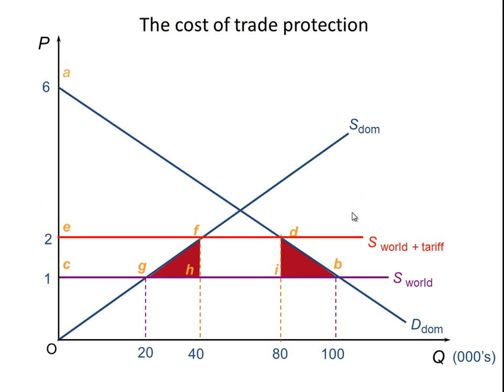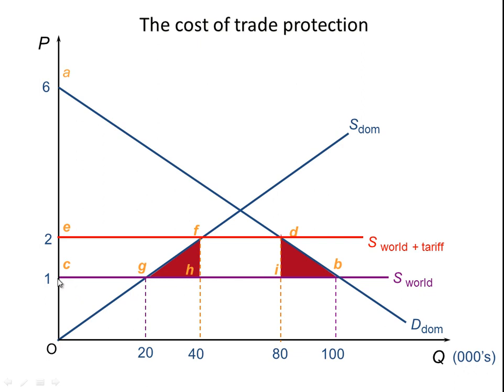We can also work out the net welfare loss, work out the value of the tariff, and we can also work out the value of the extra producer surplus, EFGC. We can work out the value of the tariff as FHID, 1 times 40,000 units sold, so it's 40,000.